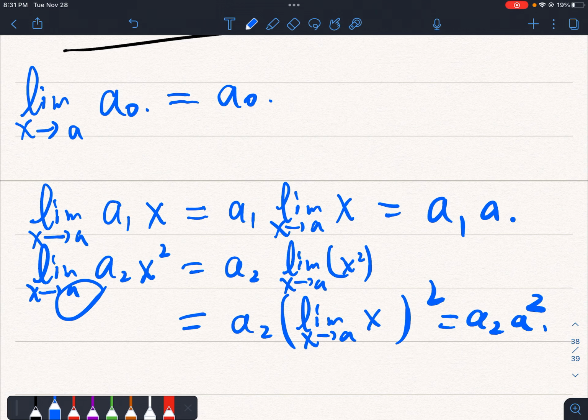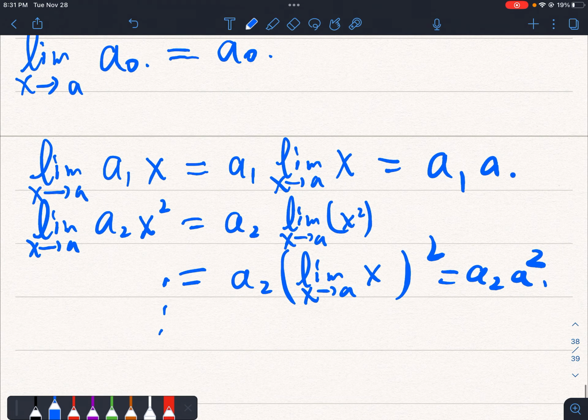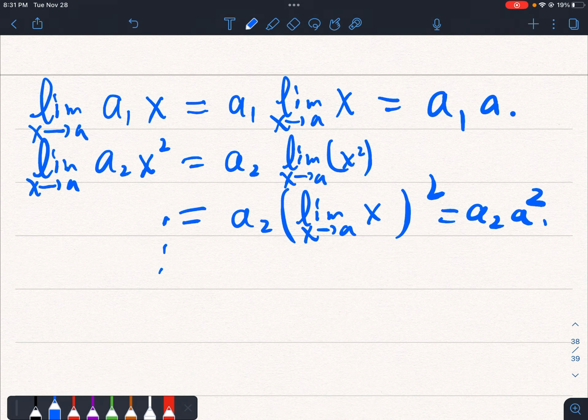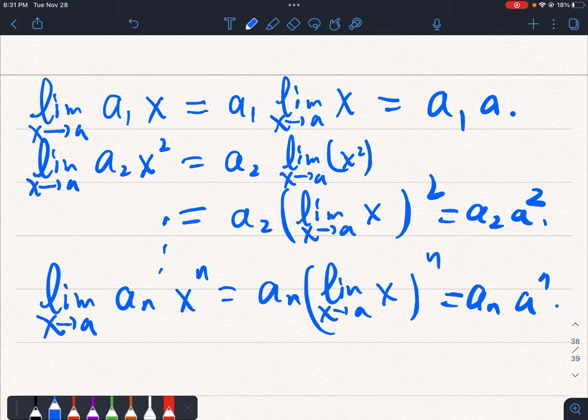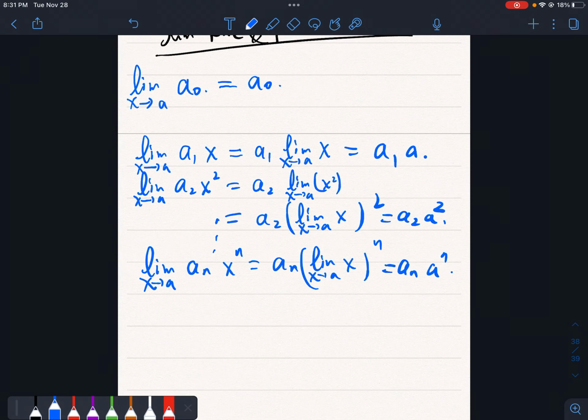So this is a2 times a squared. You can just plug in x equals a again, which means you can do that on every term of the polynomial. So in the end, the limit as x approaches a of an xn is going to be an times the limit as x approaches a of x to the power of n, which is an times a to the power of n.